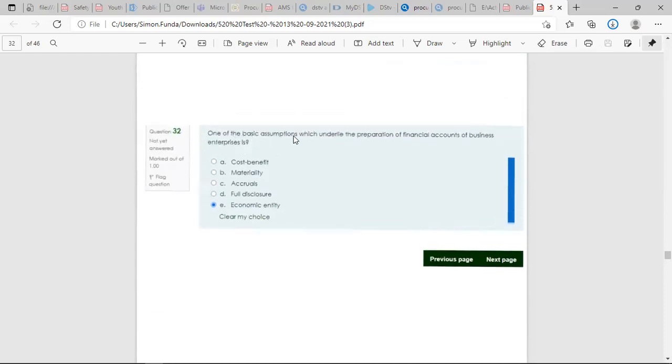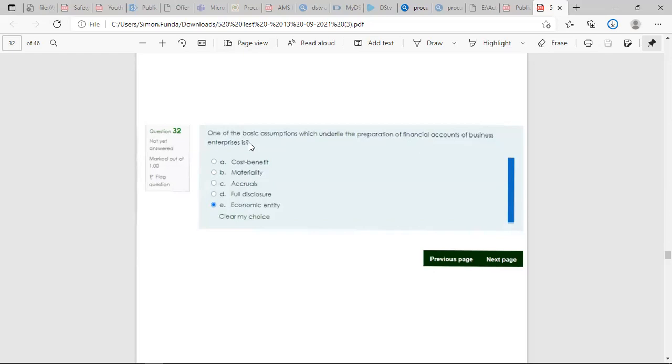One of the basic assumptions which underlie the preparation of financial accounts of a business enterprise is: cost, benefit, materiality, cost, full disclosure, and economic entity.